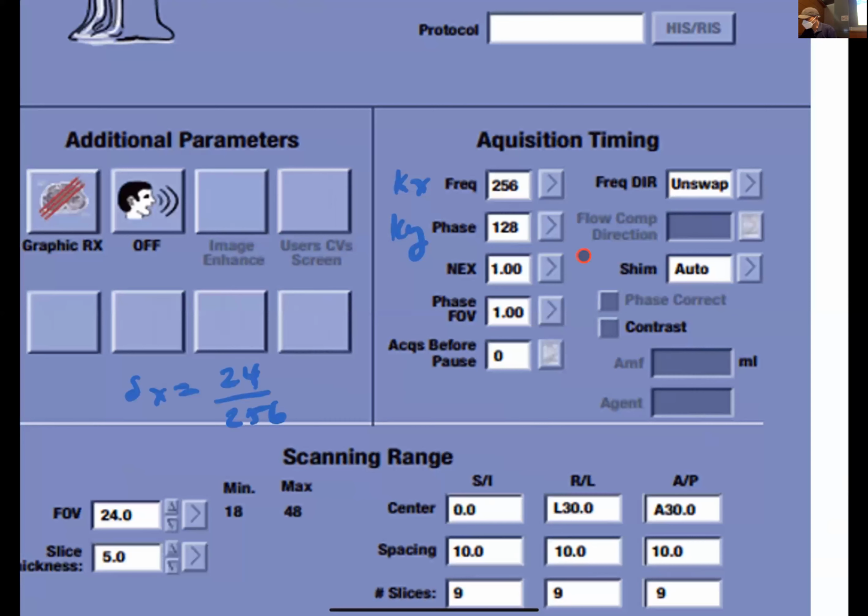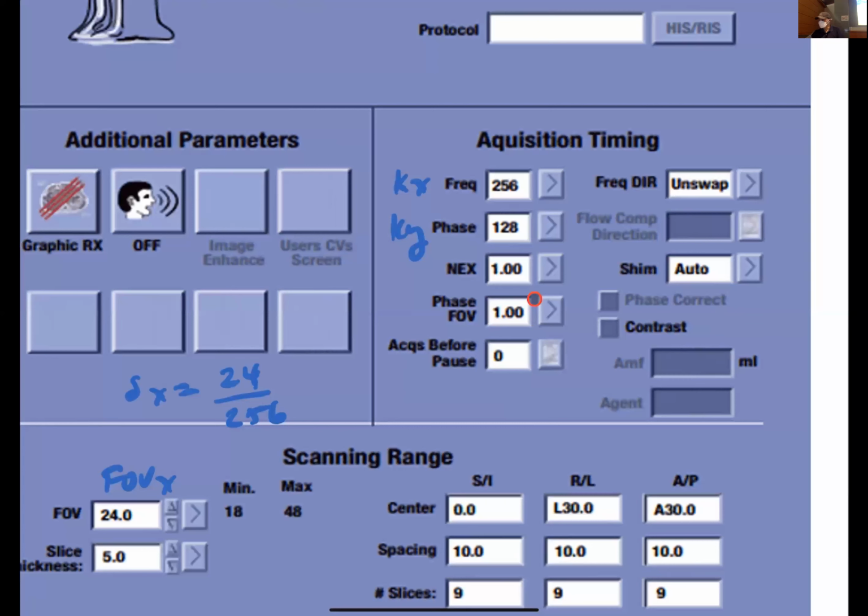Okay. And then here, the phase FOV is 1. That just means as a percentage of the other FOV. So this is FOV of X by definition. Okay. A lot of things you just have to know depending on the vendor how they define things. So you wouldn't know this unless someone told you. But for GE system, FOV is specified in the X direction. Okay, the readout direction, and then this is just what fraction of that readout direction is my phase FOV.